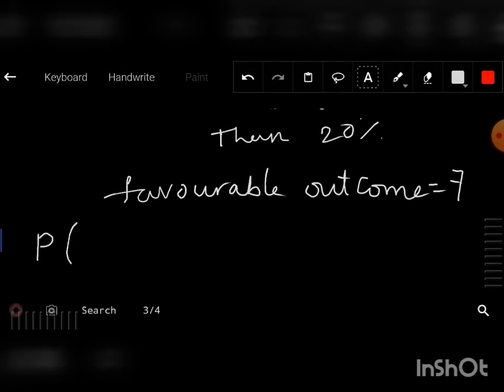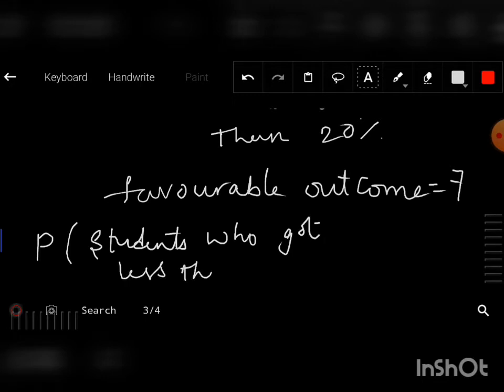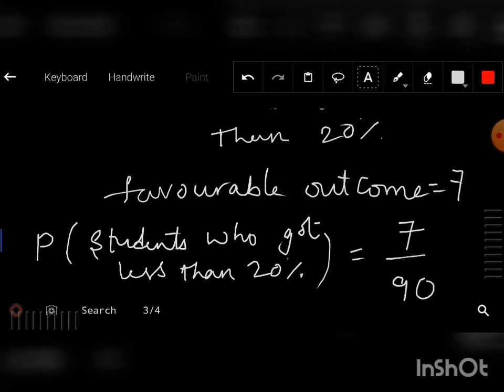Probability of students who got less than 20% equals favorable outcome by total outcome. Here total outcome means total number of students, that is 7 students out of 90 students got less than 20% marks in the mathematics test.